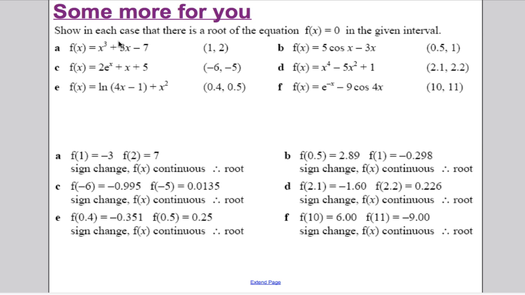All you had to do for each of these is put in the values at the end of each of the intervals, show that there's a change of sign, and state that since the function is continuous and there is a change of sign, there is a root. And here were each of my answers. So do tick off you substituted correctly into the functions, and you're stating, very importantly, that there is a change of sign, the function is continuous, and therefore you can deduce there is a root.